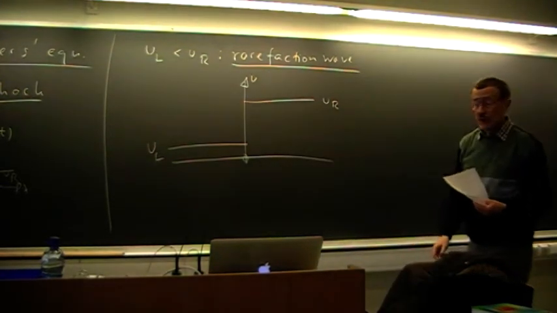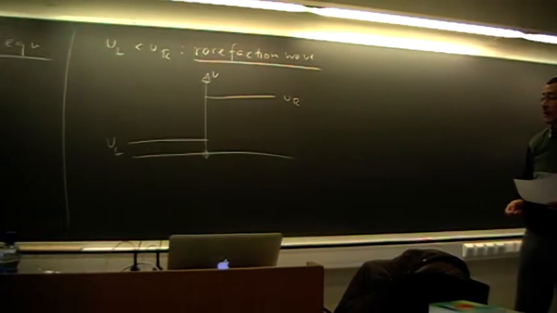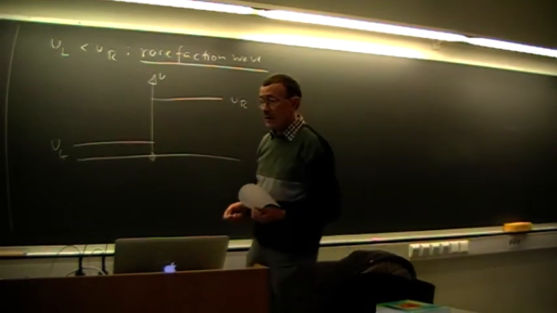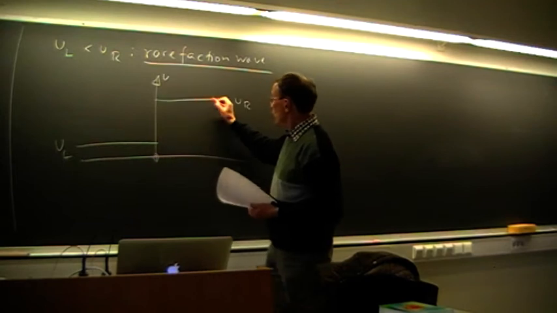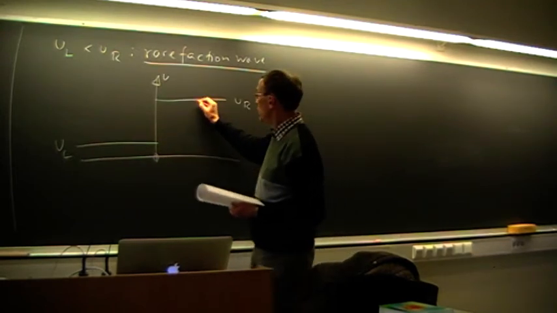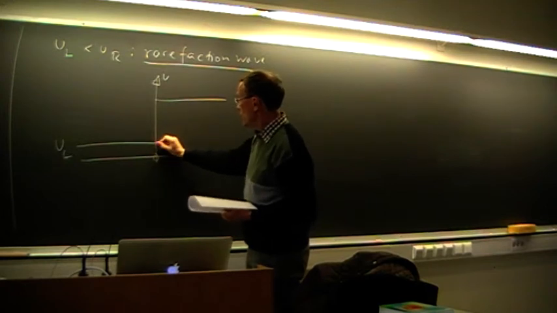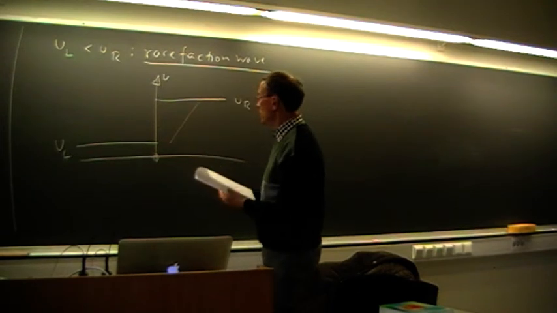What then happens is not that we get a shock, that would be an expansion shock violating the Lax entropy condition, but we get a rarefaction wave, because this will move faster. After a while this point will be here, and this point will be here.